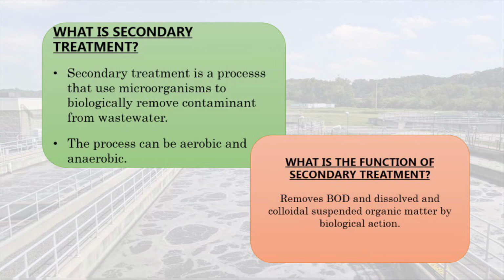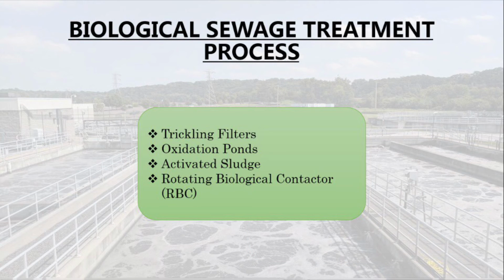Organics are converted to stable solids, carbon dioxide, and more organisms. In secondary treatment, there are 4 processes to treat wastewater, which are trickling filters, oxidation ponds, activated sludge, and the last one, rotating biological contactor.